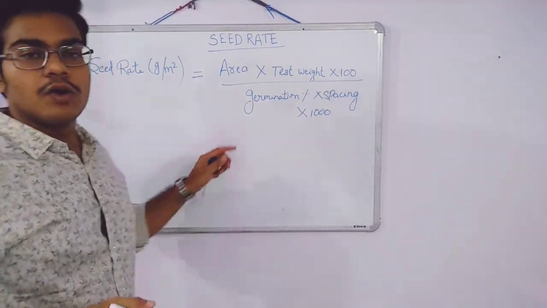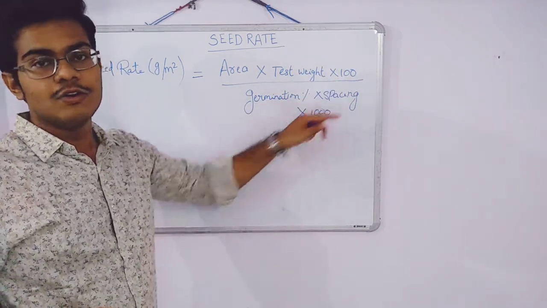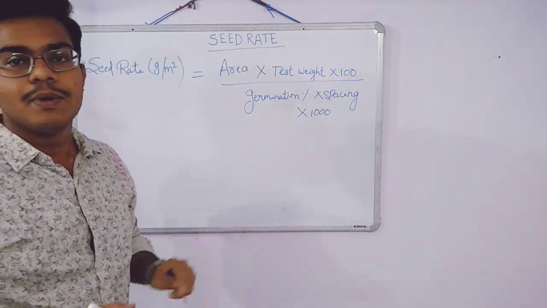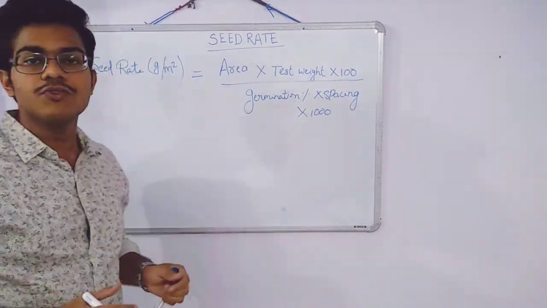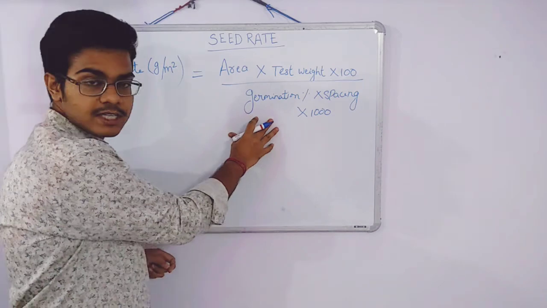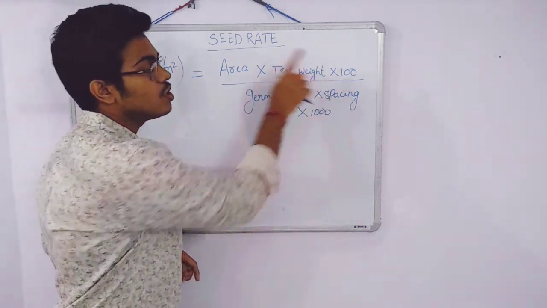Here you can see that I have included only 100. There is also a difference between why we have to keep one more 100 here. If in a question we are given only the germination percentage, or only the purity percentage, then we have to include only 100.